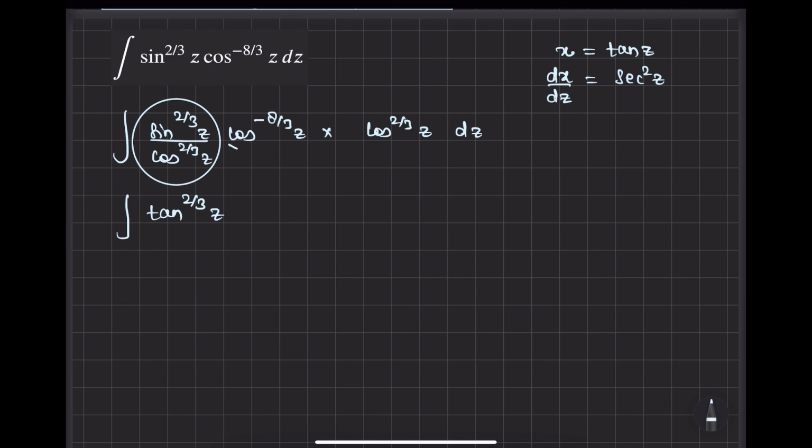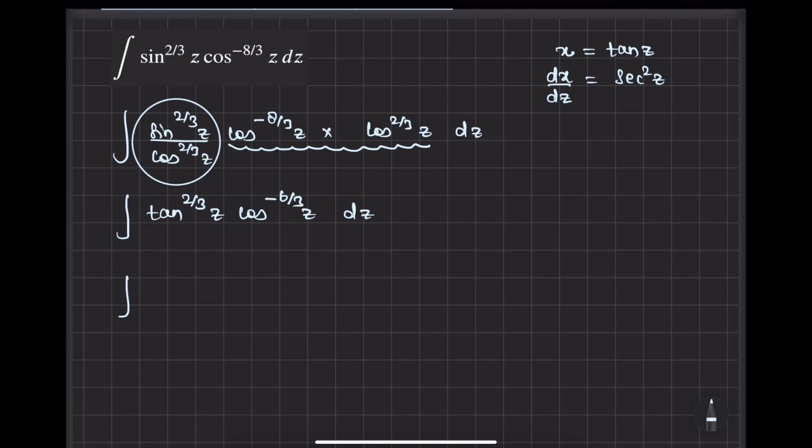Now look at this. The base is same, the power will be added. So it will become what? Base is same. So minus 8 minus 2 will become minus 10. So cos power minus 10 by 3 z, and don't you think this 10 by 3 will become what? 2 plus 4 by 3.